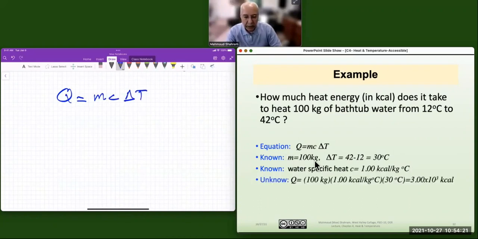So M is 100, delta T is a 30 degree change of temperature, degree C. And the specific heat of water, you look it up in the table, is 1 kilocalorie per kilogram degree C. So you multiply these together and you get.